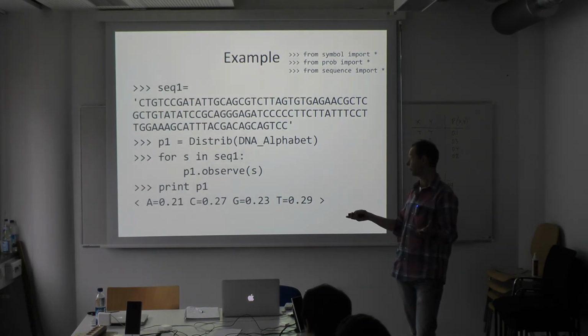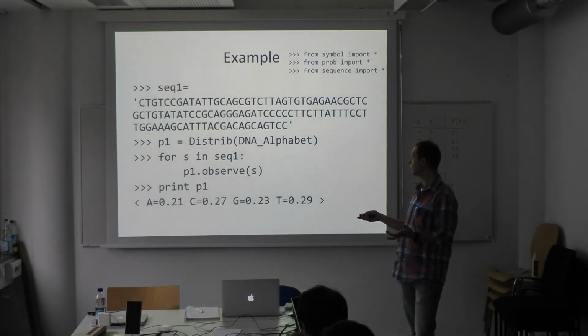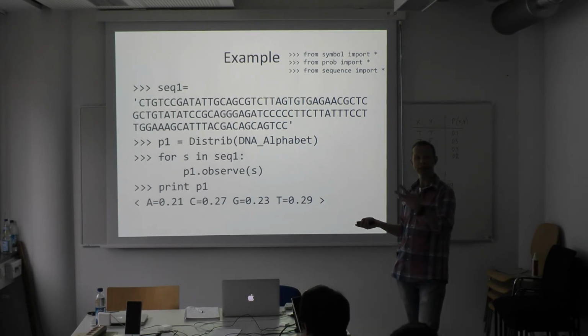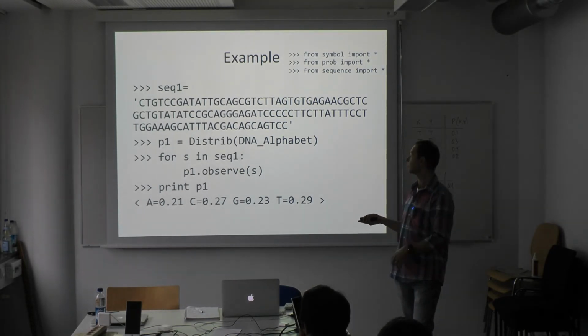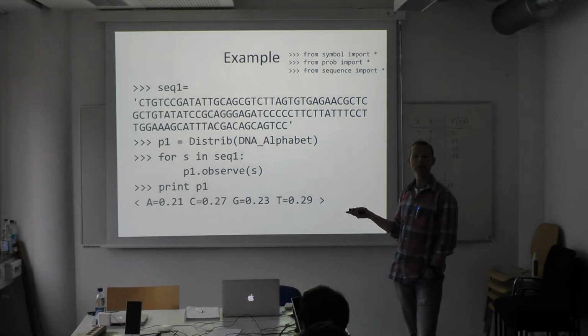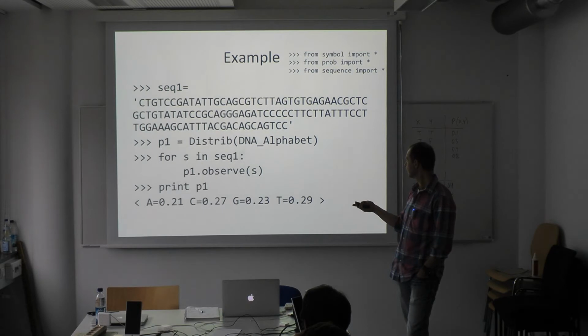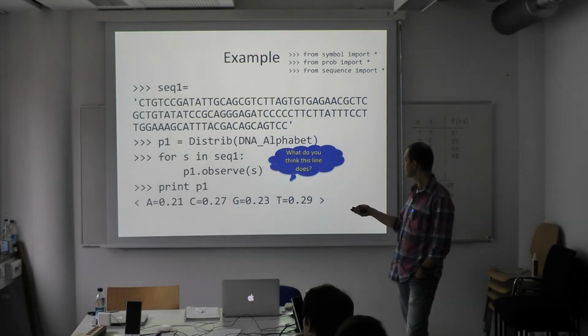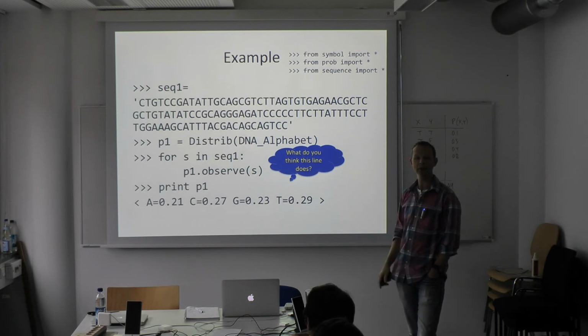And this is our model, essentially. So we see that A is 0.21, C is 0.27, and so on. This would be what we then can use to generate a new sequence. These parameters, but where do they come from? Well, it all happens in this line here. So when we do observe, what do you think happens?